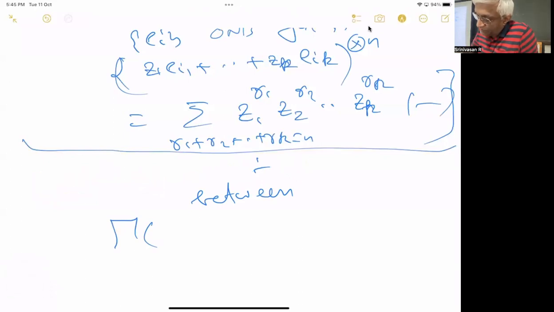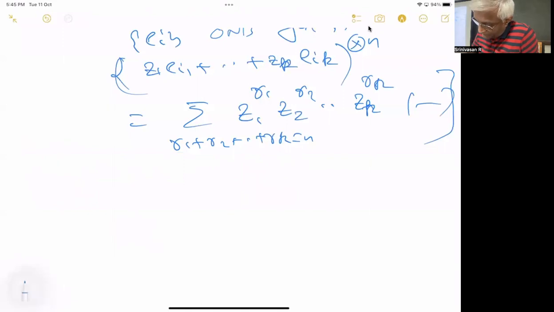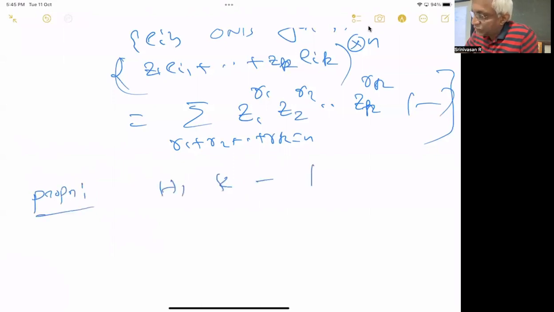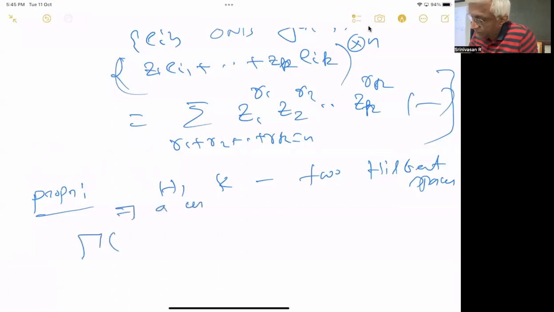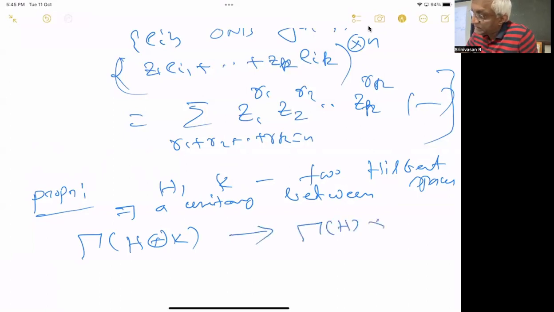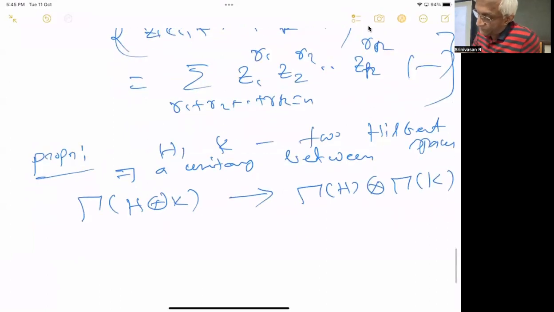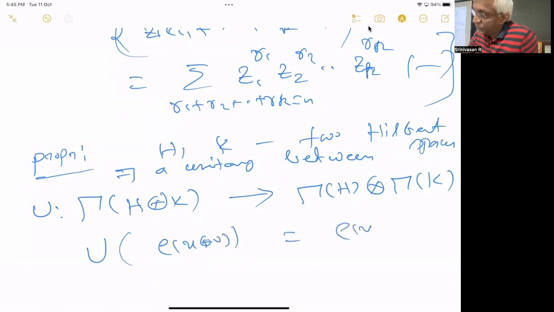Then there exists a unitary between Gamma of H direct sum K, where you take the direct sum of two Hilbert spaces, and Gamma of H tensor Gamma of K. Call that unitary U, such that U of E of (u direct sum v) equals E of u tensor E of v.